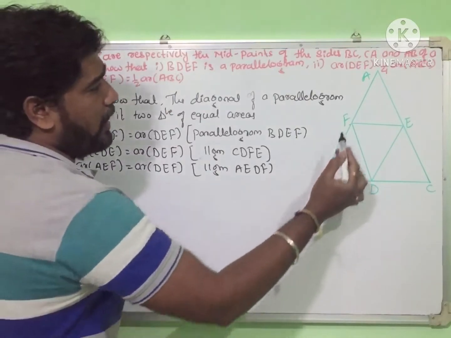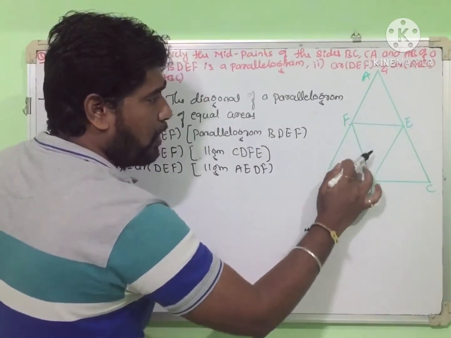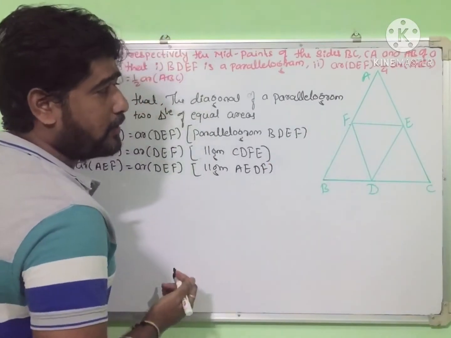Then we know that the area of ABC is equal to the sum of these four triangles.